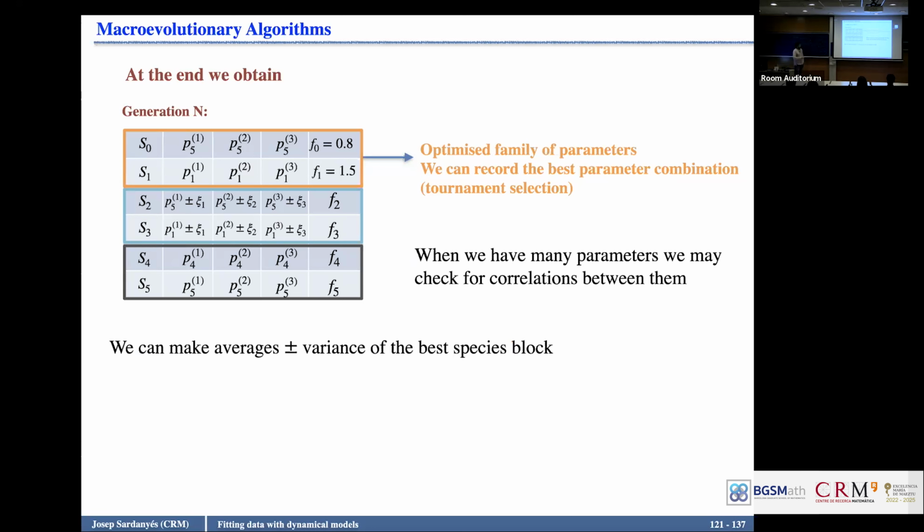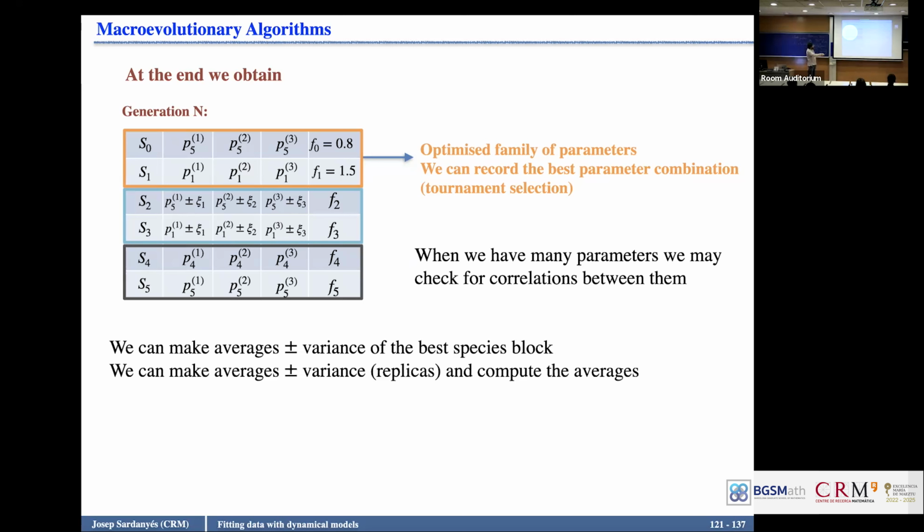So what we can do, here we have a lot of data. We can do averages and variance studies of these good candidates. And we can see the dispersion. If dispersion is very small, it will mean that we are in a place of the space that is good. We can repeat this process. So here I will have, for example, 5,000 good candidates.